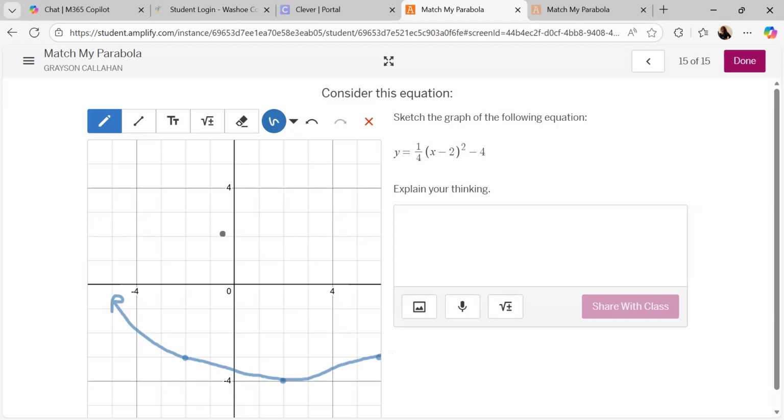Zoom back here too. It looks fine. Yeah, no, explain your thinking. Go ahead.